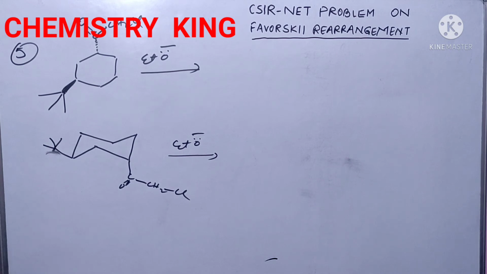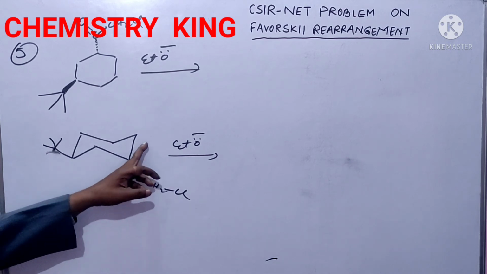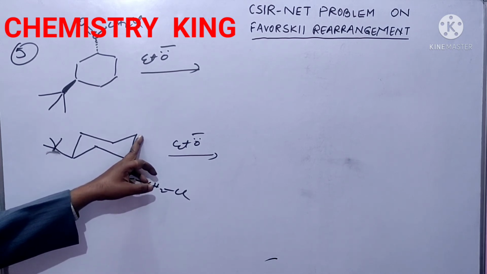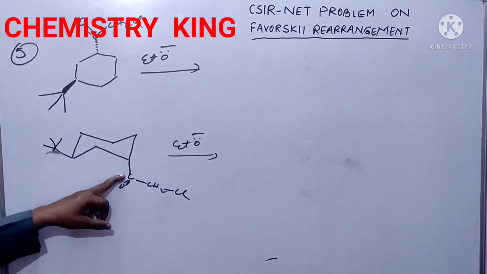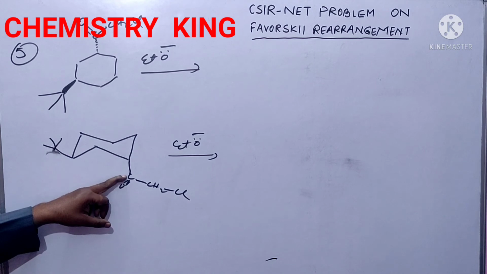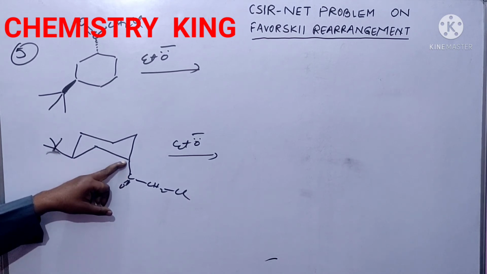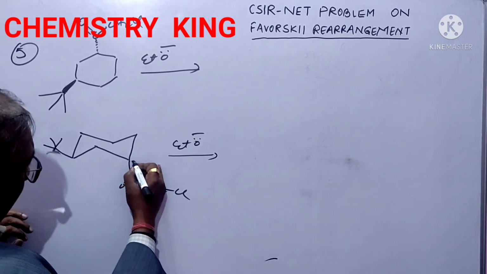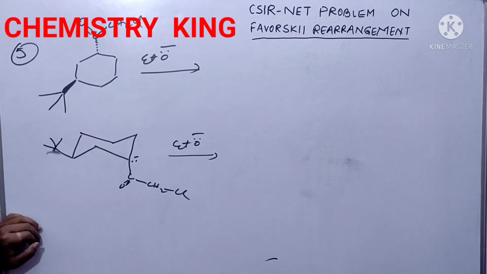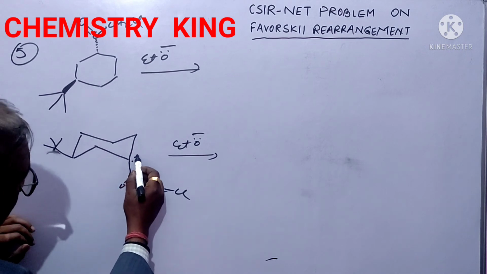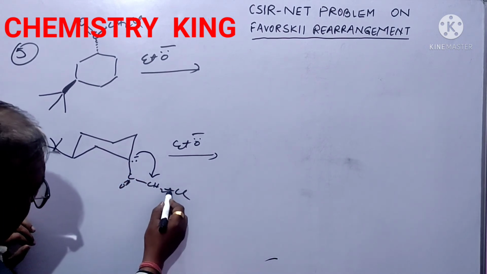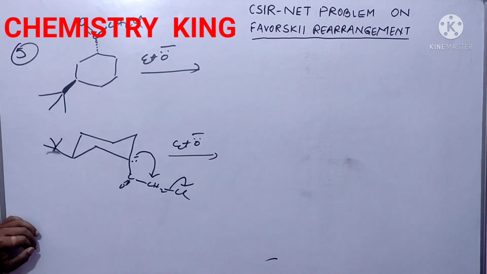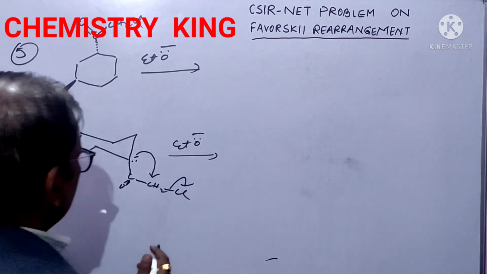Now here, friend, if hydrogen is extracted from here, it is carbonyl group and alpha carbon is this. Okay, hydrogen will be extracted from here, so it is minus. Now it is attacked on this carbon, and this chlorine is released as Cl minus.